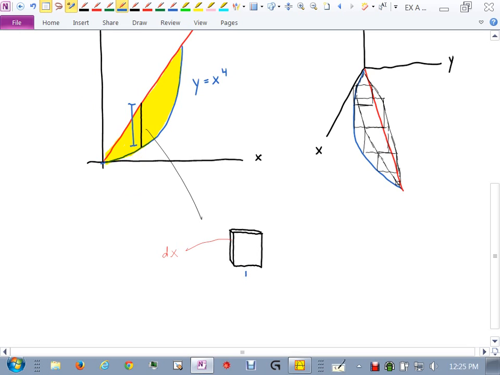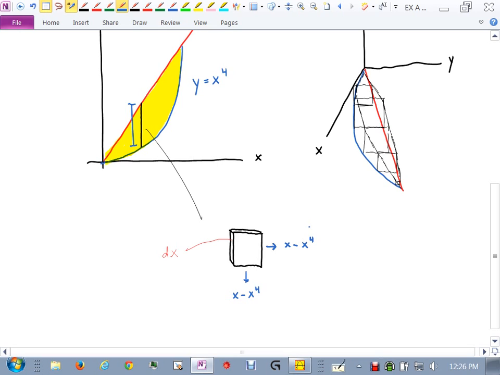So this distance right here is x minus x to the fourth. And since it's a square, this side is also x minus x to the fourth. And all the sides are x minus x to the fourth. So what is the volume of that little piece right here? This times dx, right? That's the volume of one infinitesimal slice.